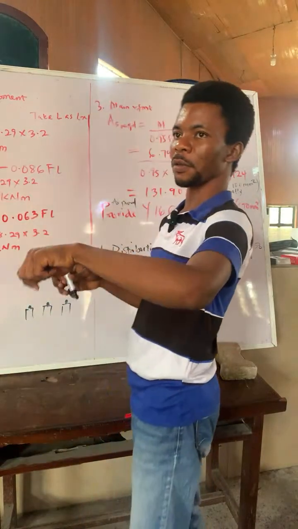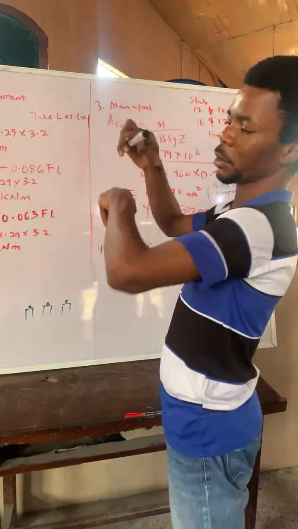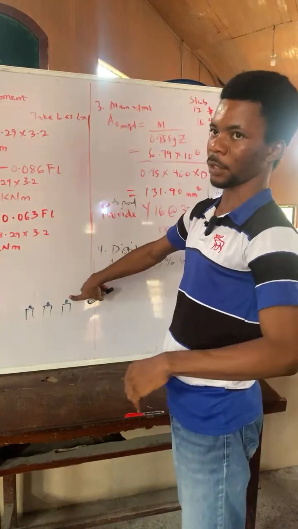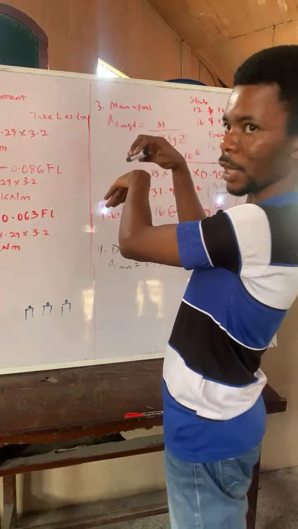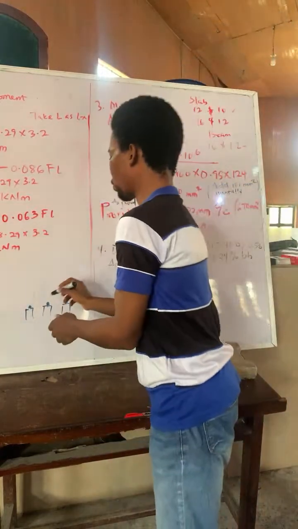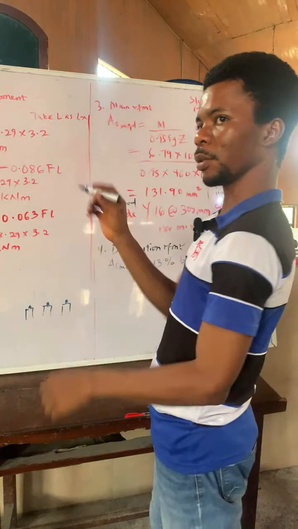I'm looking from the side, the front view. Then our distribution steel, whose bar size is thinner than the main steel, will go like this. You get? So what's the question that you asked now?